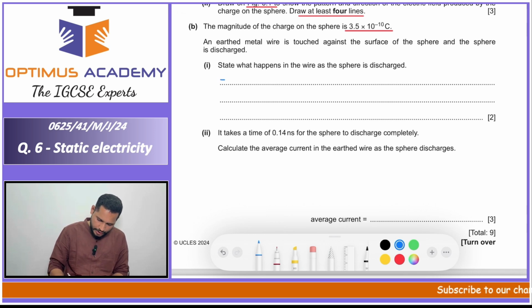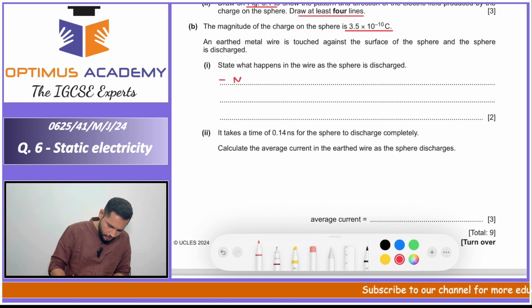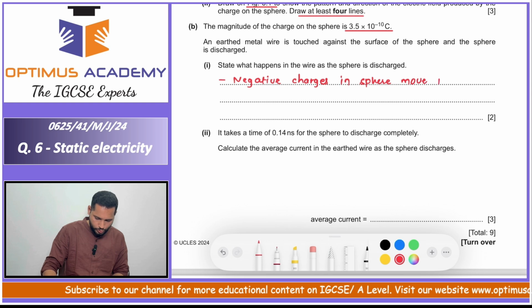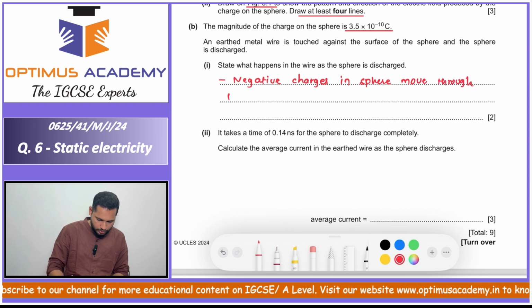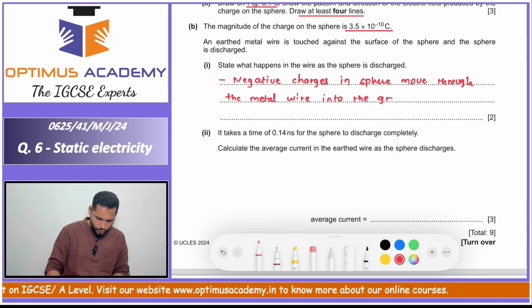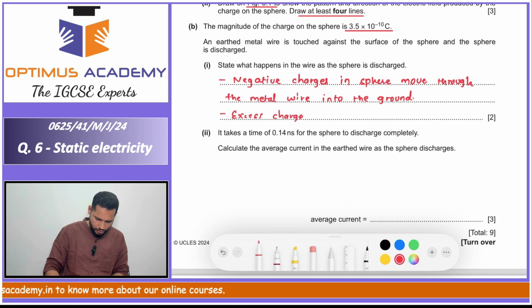We can say the negative charges in sphere move through the metal wire into the ground, and whatever excess charge was there is decreased.